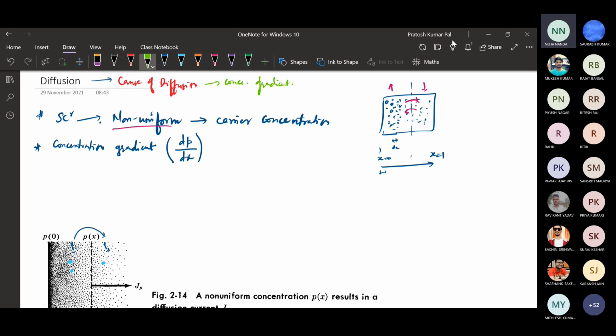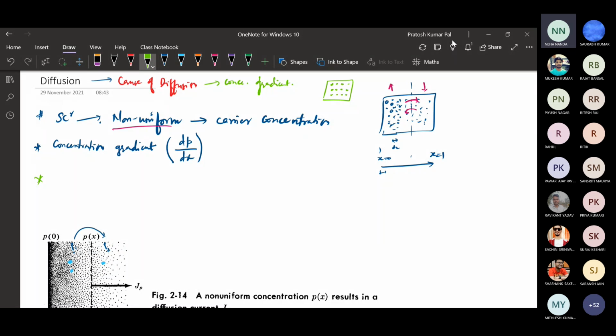If there is no variation in the charge carriers, if the charge carriers are uniform, there will be no diffusion. Okay, so if any material has an equal distribution of charge carriers, then there is no concentration gradient. So if there is no concentration gradient, there will be no diffusion.